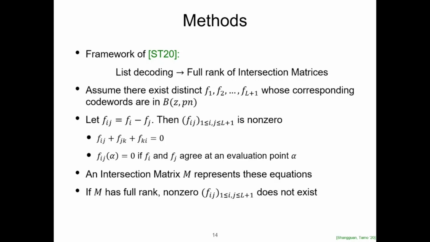And if this intersection matrix happens to have full rank, then we know that a non-zero solution does not exist. On the other hand, the vector consisting of this f_ij is a solution, but it's non-zero, so we get a contradiction. So this reduces list decoding to proving that the intersection matrix M has full rank.